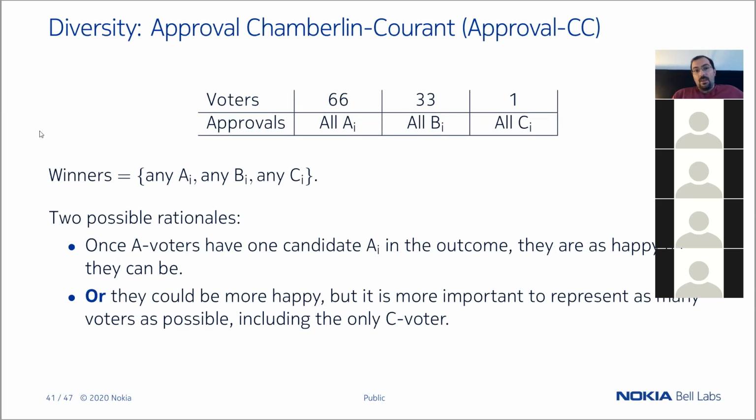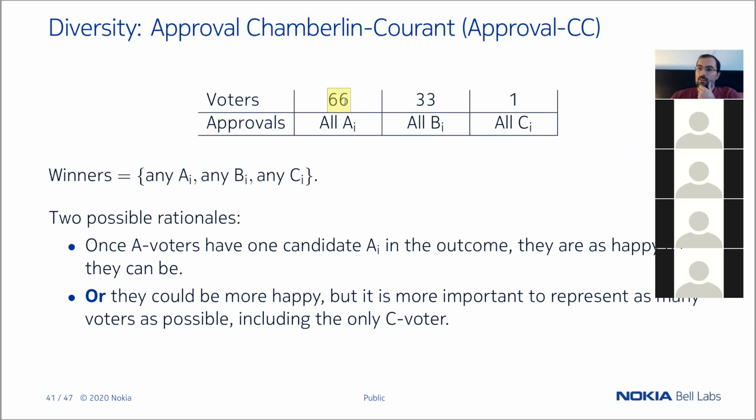So if I consider approval Chamberlin-Courant, I remind you of the rule. The idea is simply that if there is a candidate that you approve of in the committee, you are happy, your level of happiness is 1. And if there is no candidate that you approve of in the committee, your level of happiness is 0. So if I want to make these guys happy, I just need to put one candidate of type A in the winning committee, and that's it.